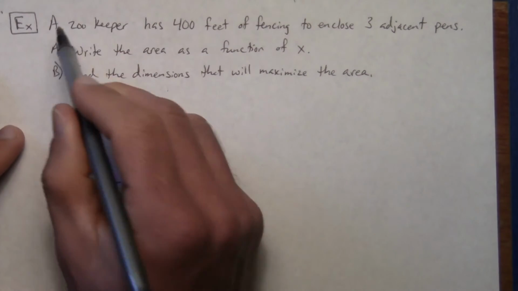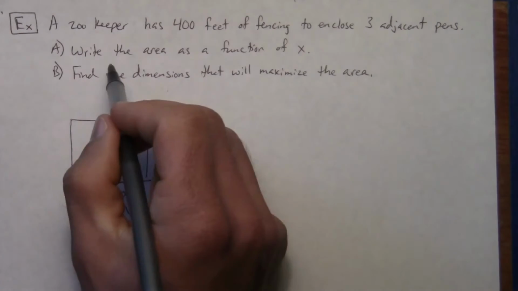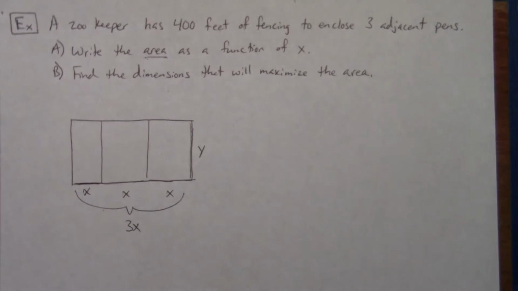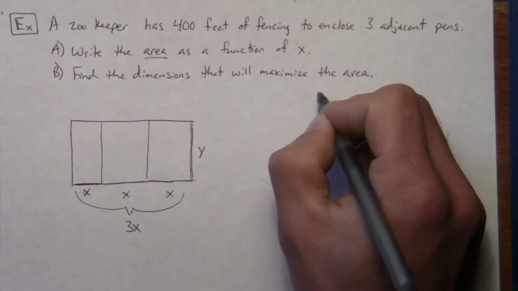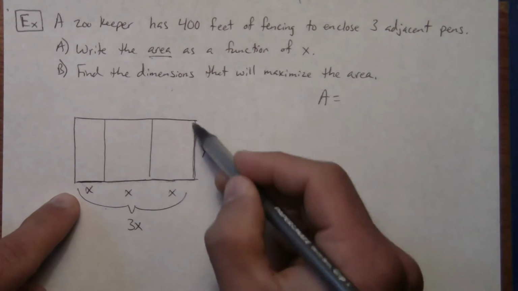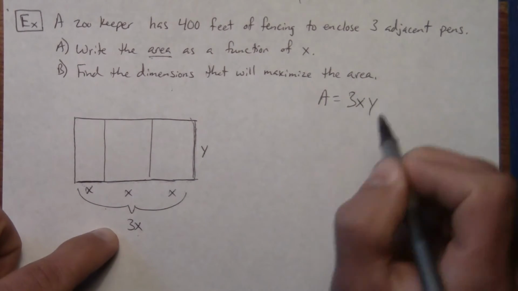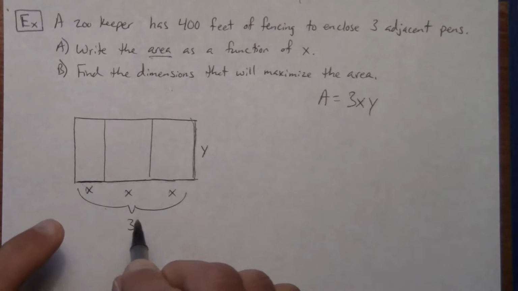And now look back at this. A lot of times when you're working with a rectangle, in terms of geometry, you're probably finding either a perimeter or area. They want me to find the area. Well, I know the area of that rectangle is going to be base times height. Well, the base is 3x. The height is y. Now, I say that you can do this kind of how you want.